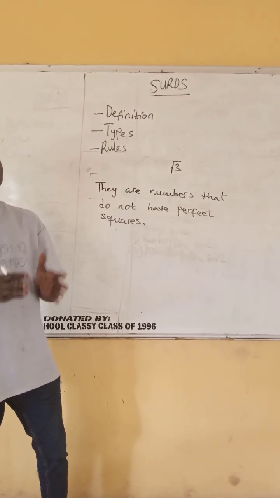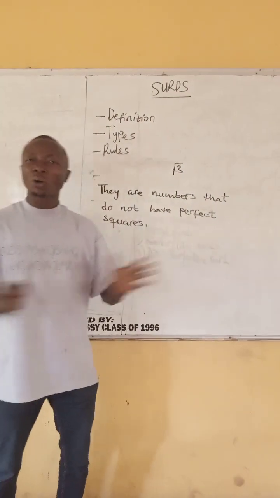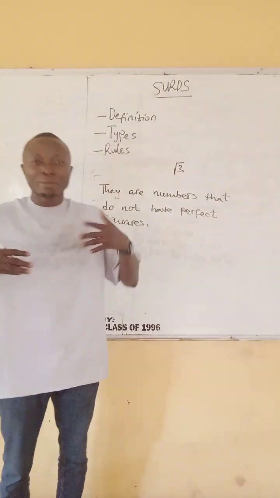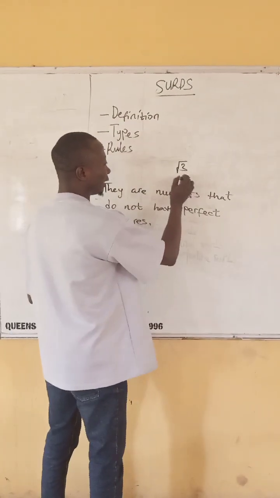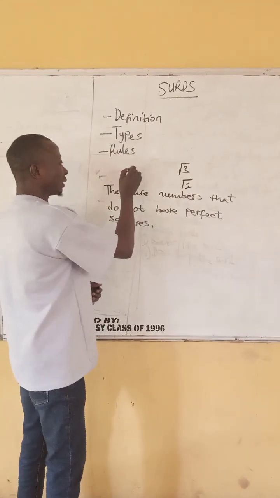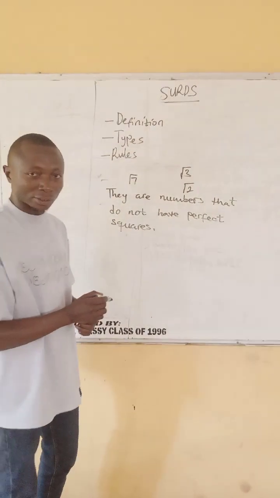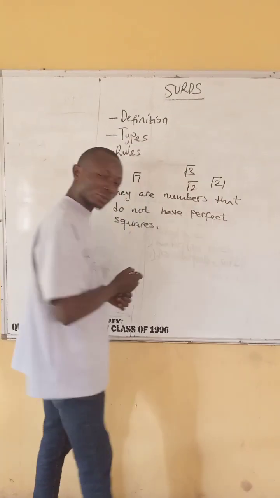You can see that the values of any given surd are unending. Like root 2 is also a surd. Like root 7 is a surd. Are we following? Like root 21 is also a surd.